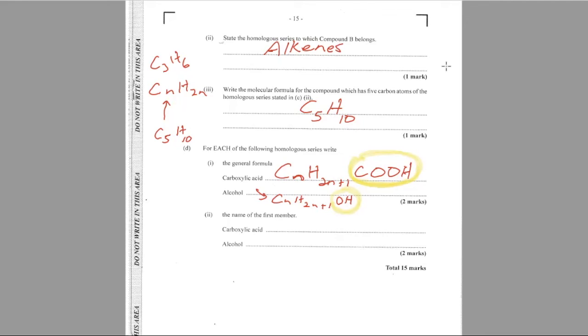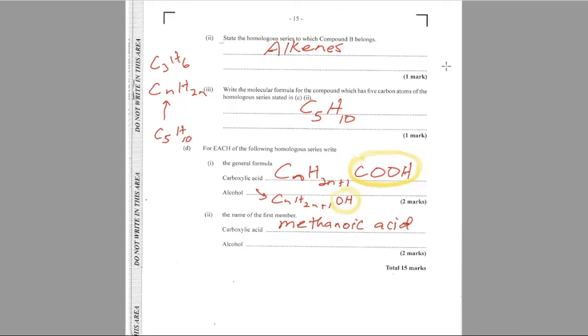We're stating the name of the first member of the carboxylic acid series, just the name, and we're also stating the name of the first member of the alcohol series. So the first one for our carboxylic acid would be methanoic acid. Methanoic acid. All right, and remember that the prefix meth means 1, eth means 2, prop means 3, but means 4.